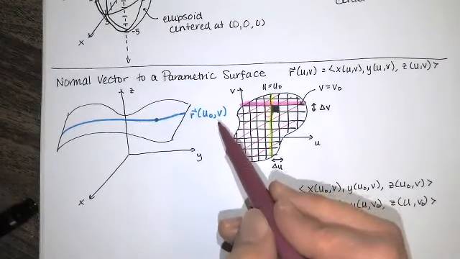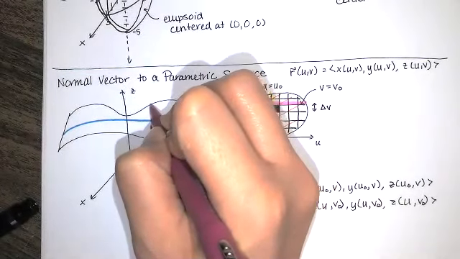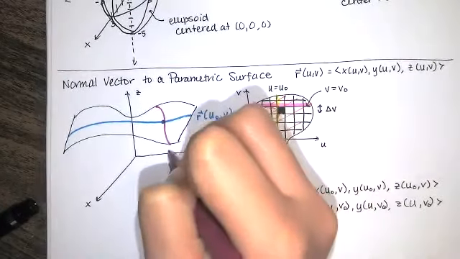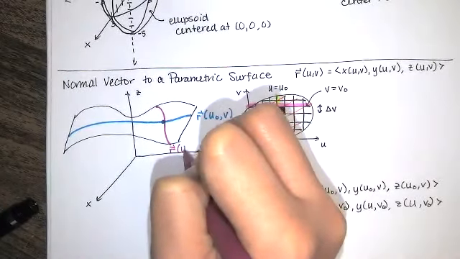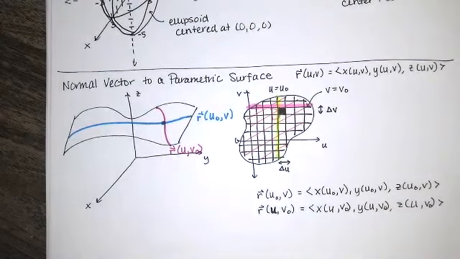So here is r of u naught and v. Maybe this is a curve. R of u and v naught. And then they intersect here at this location.